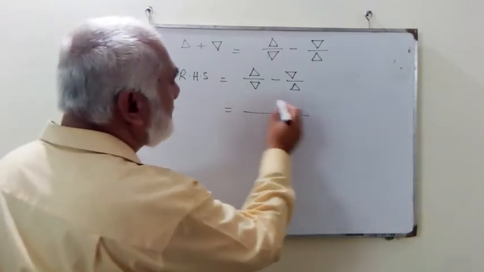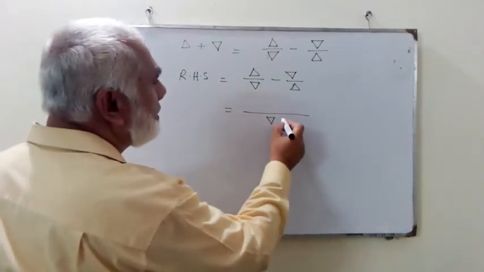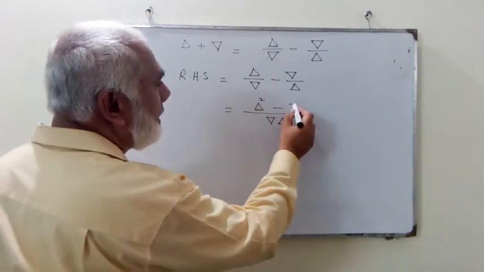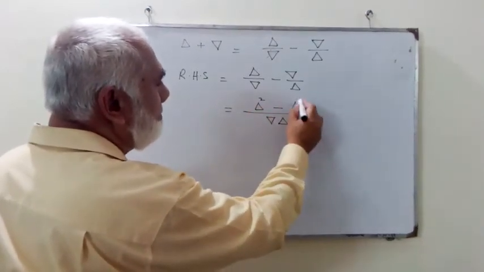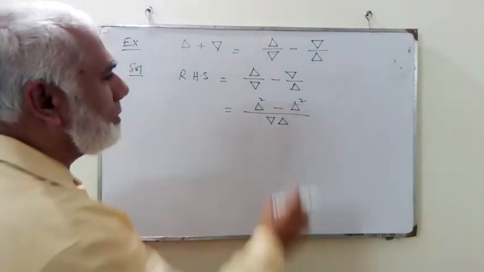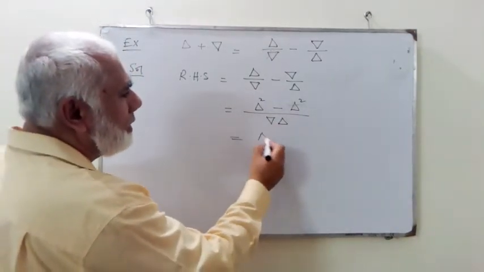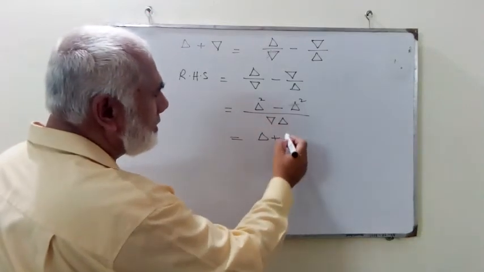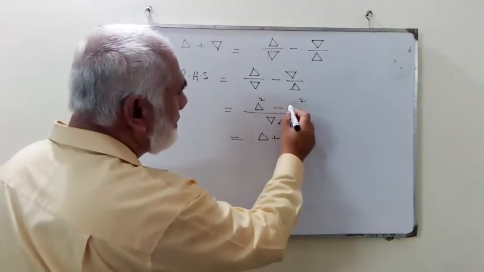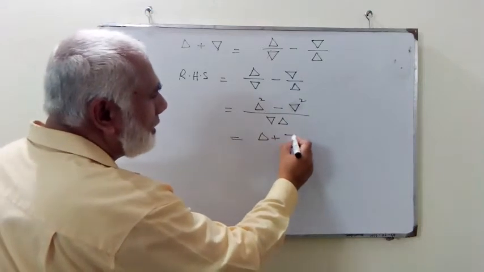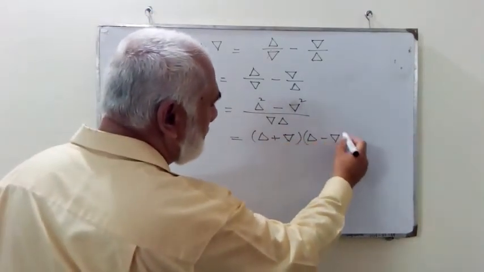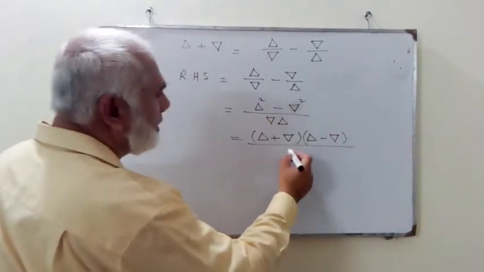On taking the LCM of these two, this gives you delta into nabla, delta square minus nabla square. So you can see here it becomes very simple, and in the numerator, if we use the identity of the squares, this is delta, nabla, and then delta minus nabla, we can distribute it like this, and there is delta and nabla.